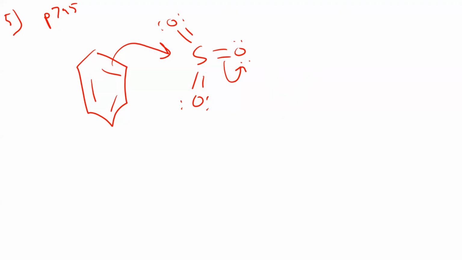Step 2 says add curved arrows to the sigma complex to give the final product. They use a generic base called B. That's fine.